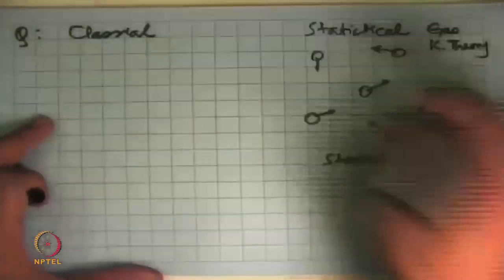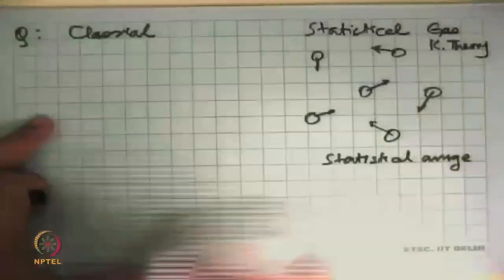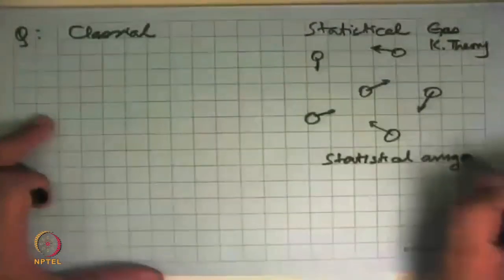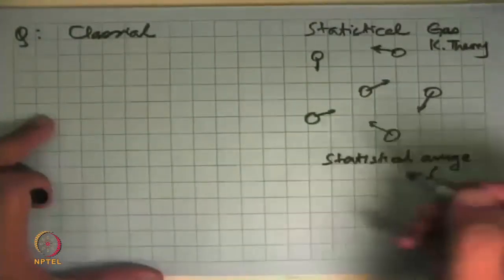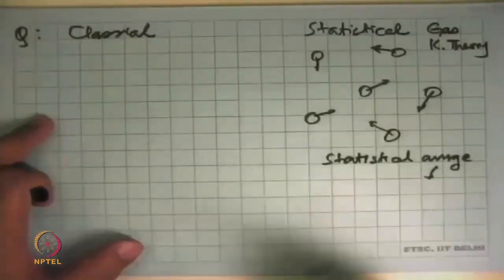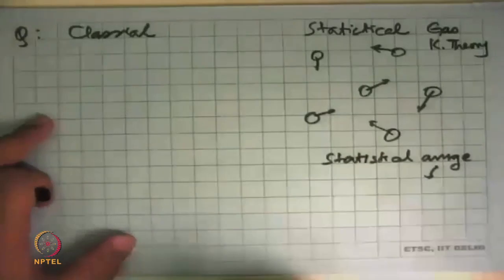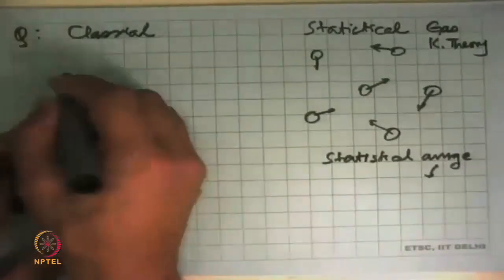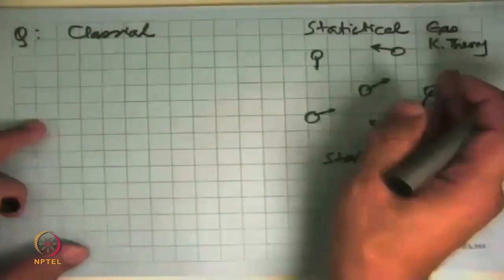So we look at all molecules, take a very large ensemble, and say, now what does the average look like? And from there, what do I get in terms of pressure, in terms of energy, in terms of various other things that we know. In classical thermodynamics, we say, well, we are not going to look at each and every molecule.